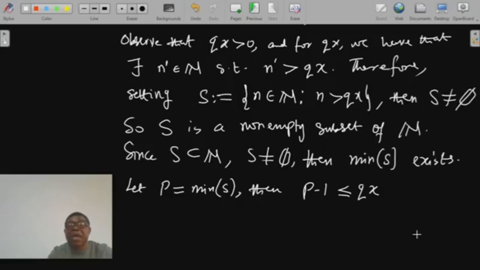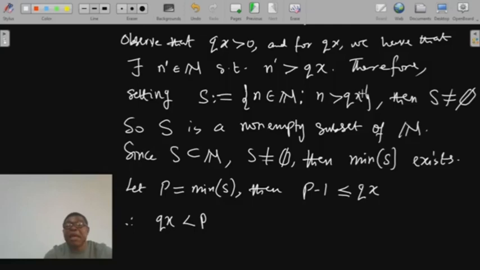Therefore, what do we have? What we have is therefore Qx is really less than P, because P is the minimum of this set, meaning that P is bigger than Qx.